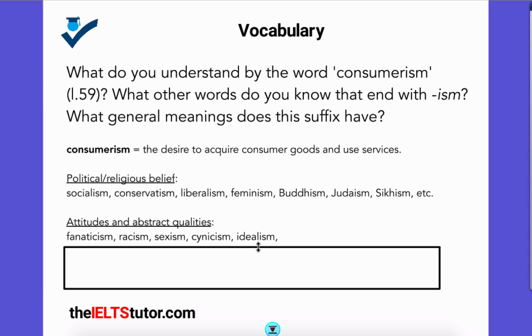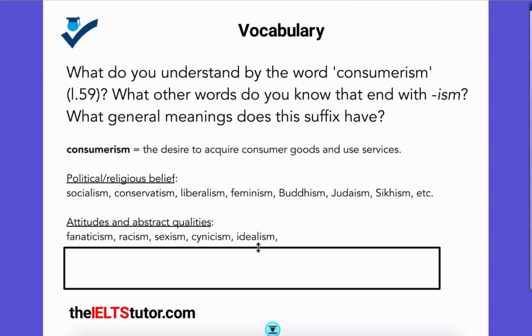Talk about the fight to reduce sexism at the workplace. You could also talk about the idealism of some people, and so on and so forth.